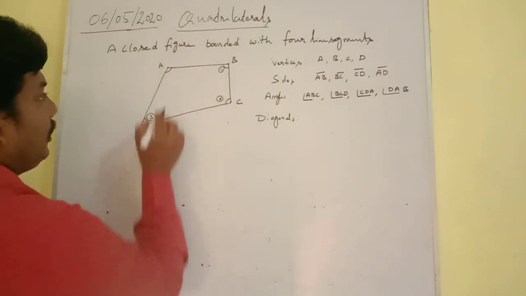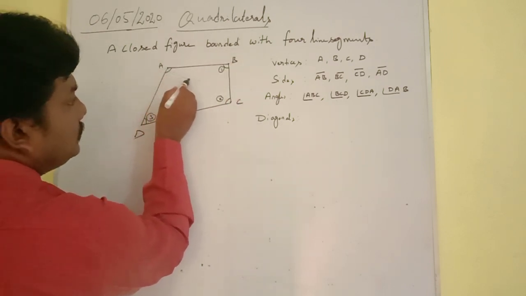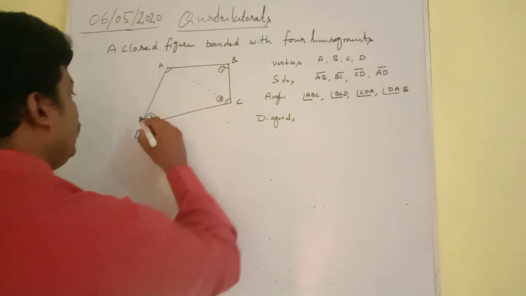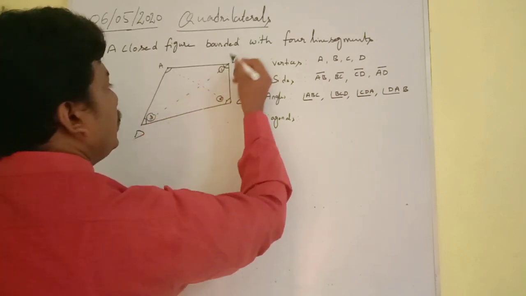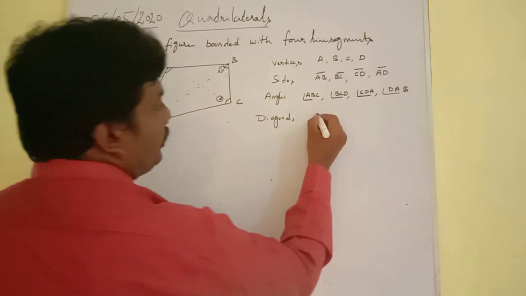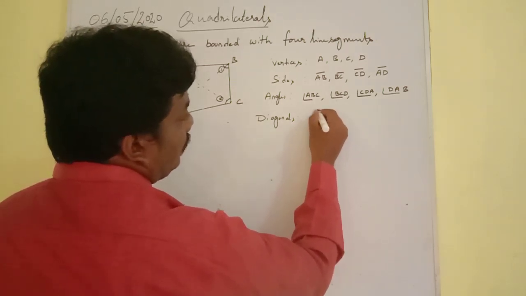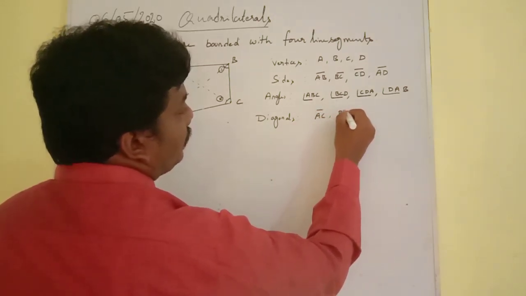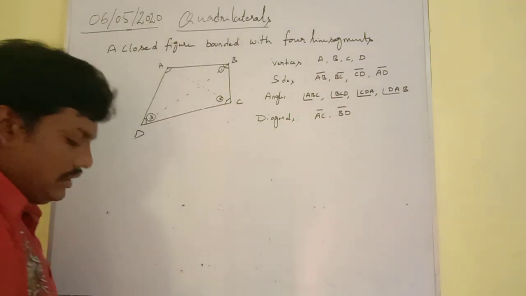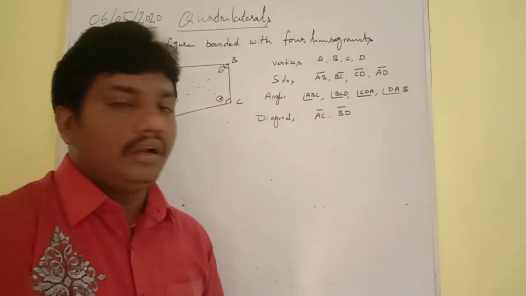So you can draw one line between one pair of opposite vertices, and another between the other pair. So AC and BD are the diagonals.